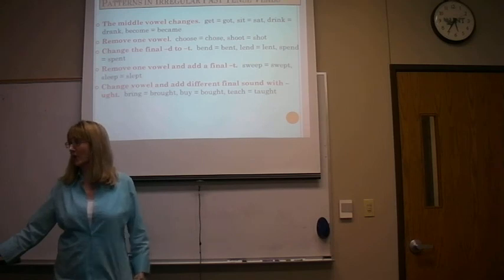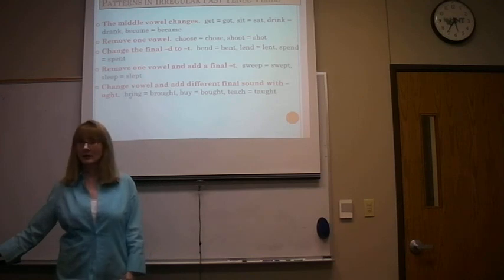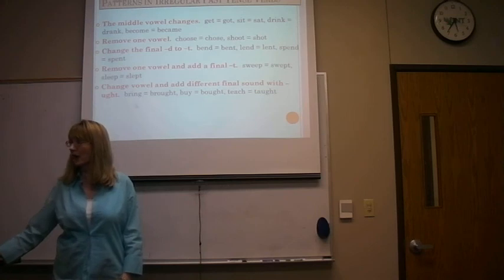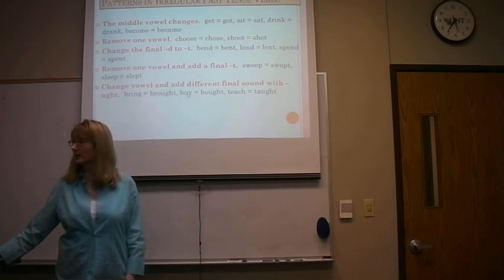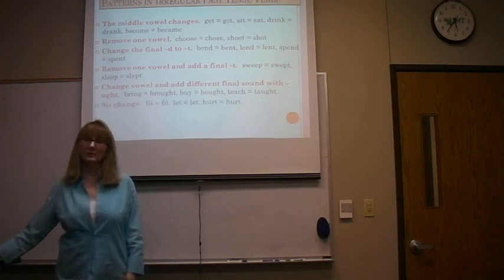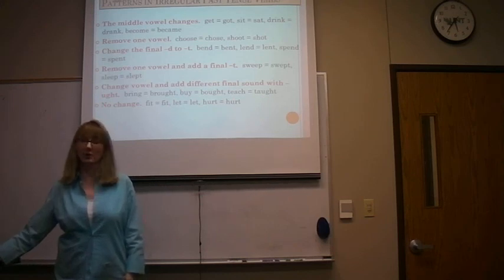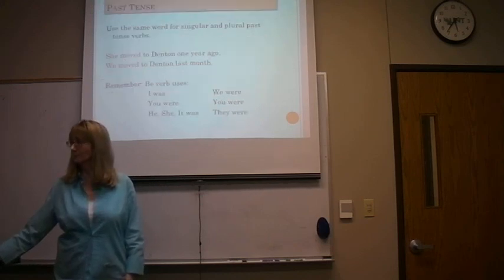Sometimes we change a vowel and add a different final sound with UGHT. So bring, you change the I to an O and you add UGHT. We pronounce it bought. Buy, this one's brought, this one is bought, and this one is taught. Sometimes, like I said before, we don't change anything.